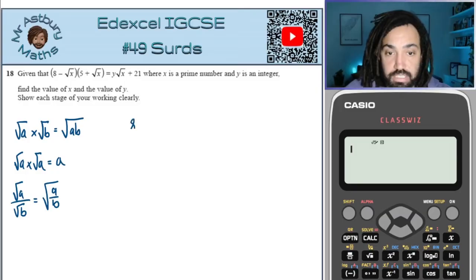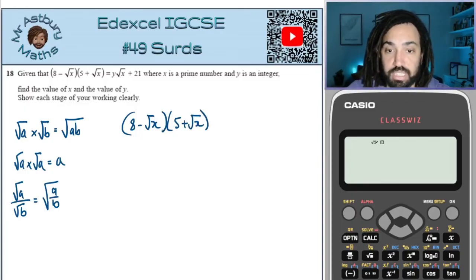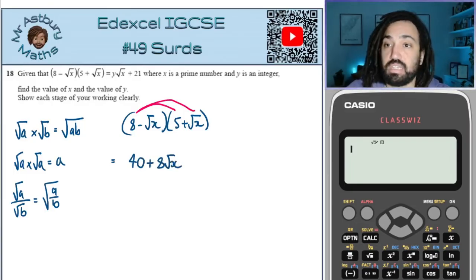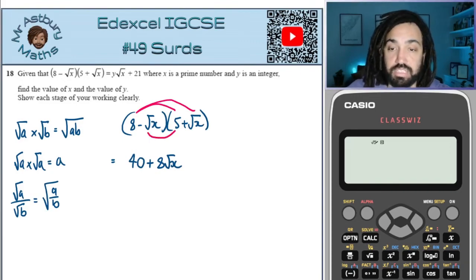Okay, so let's start by multiplying out these brackets like so. Just like a simple set of brackets, we'll do this times this and this times this to start, which is 40, and it is plus 8 lots of root x. And then we'll do minus root x times by 5, which is minus 5 lots of root x.